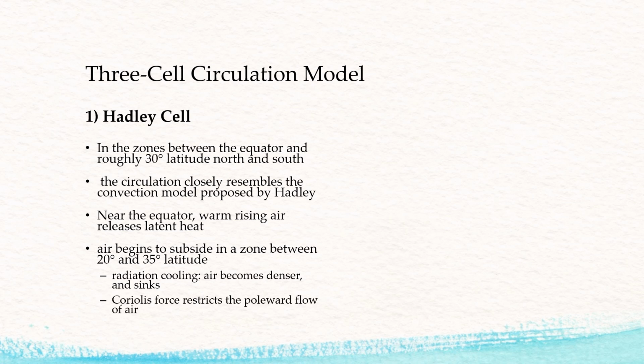Aside from the radiation cooling, there is also the factor of Coriolis force that restricts the poleward flow of air. Before, this was not considered in the single cell model. But this is the Hadley cell, which resembles the convection model proposed by Hadley.